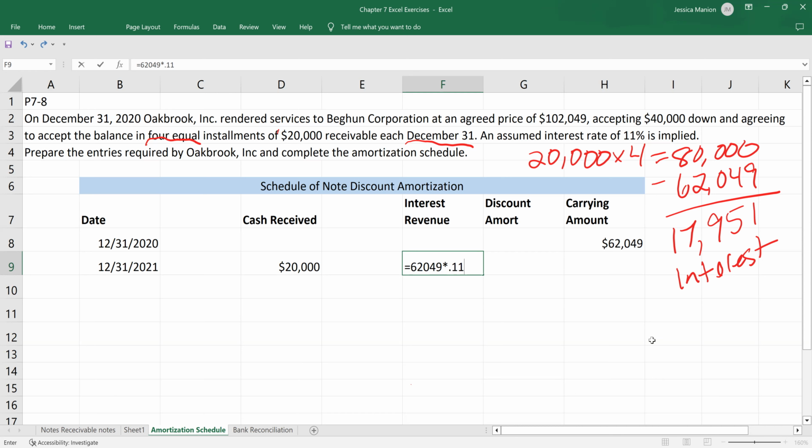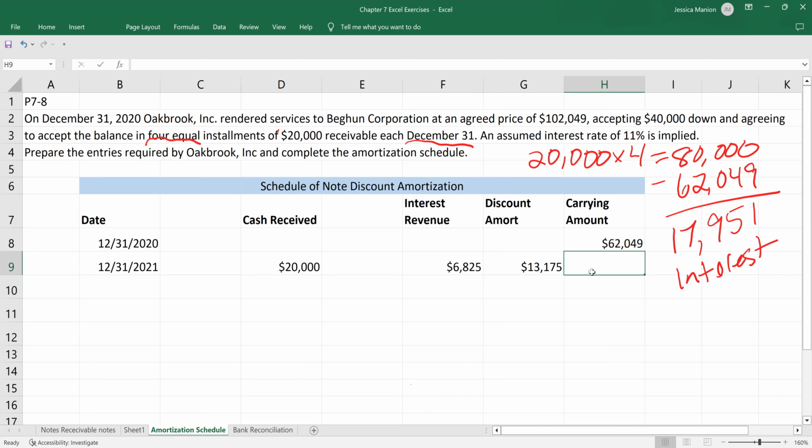That's that 11% implied interest rate. So that is interest revenue the first year of 6,825. And the discount we're amortizing is equal to the difference between cash received minus the interest revenue. So this first year, that discount amortized is $13,175.